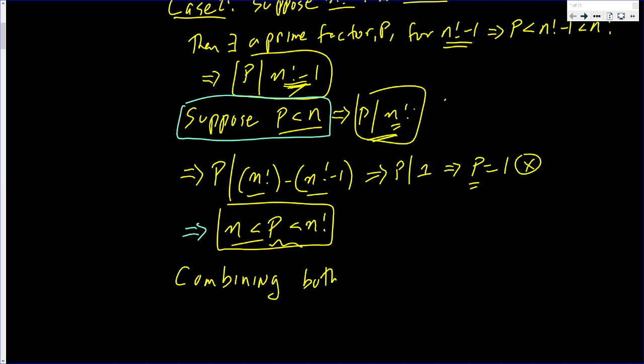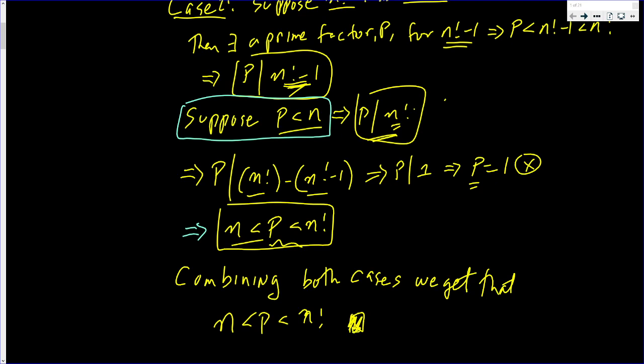Combining both cases, we get that n is less than p, which is less than n factorial. And that's what we set out to show. We did show that, and that completes the proof.